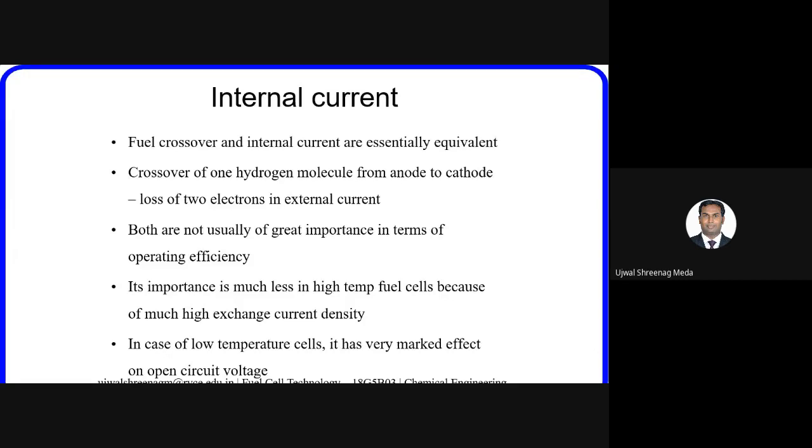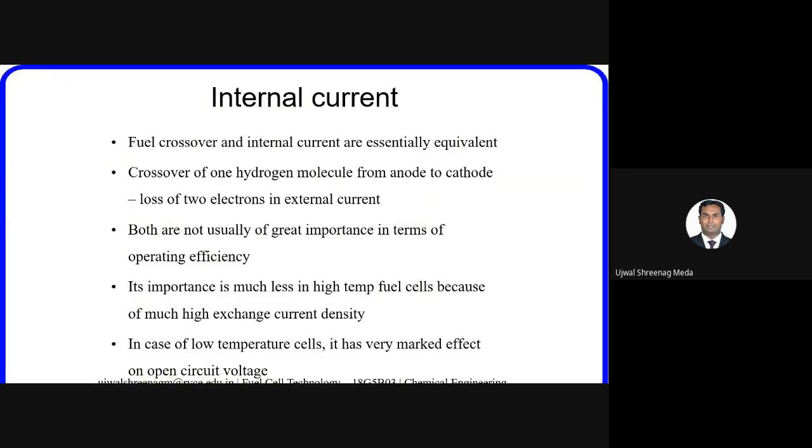And its importance is much less in high temperature fuel cells because of much higher exchange current density. While discussing the activation losses, we realized that the higher the i naught, that is the exchange current density, the lower the losses, and especially the fuel cells that are operated at high temperature will have high exchange current density.